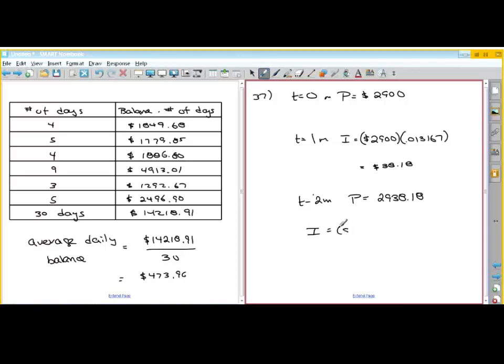When I calculate the interest for the second month, I use the larger value, $2,938.18 times the same interest rate in decimal form. And I get $38.69.